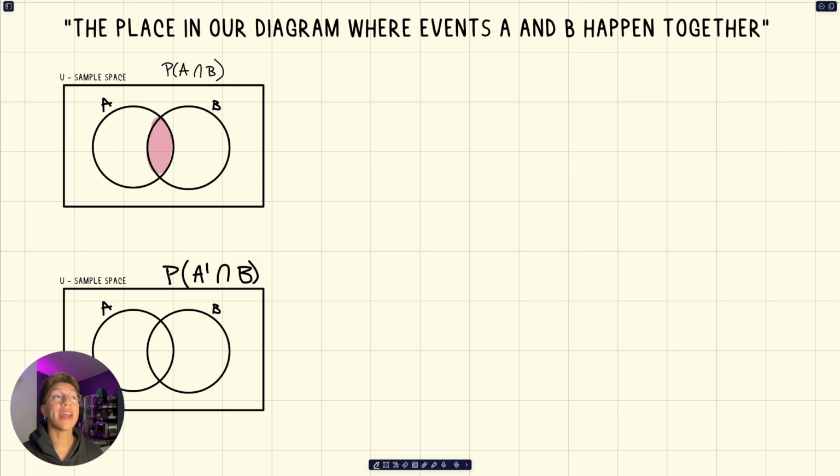We want to highlight our A naught area, we want to highlight our B area, and we want to find our intersection of those two, the overlap. So we're going to start with our first term, and our first letter is A naught. So A naught, again, is everything outside of our A circle.